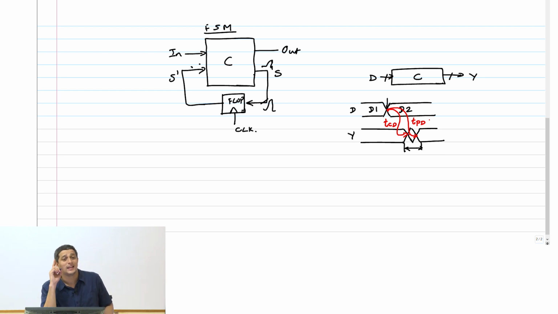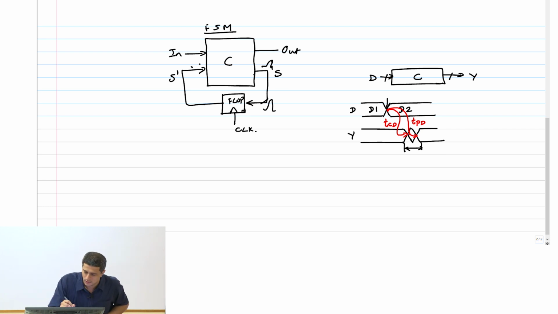That's the latest change after which the output is guaranteed to be stable. Contamination delay is the earliest time at which the output starts changing, but the data is not guaranteed to be stable after that. Output is stable after propagation delay.